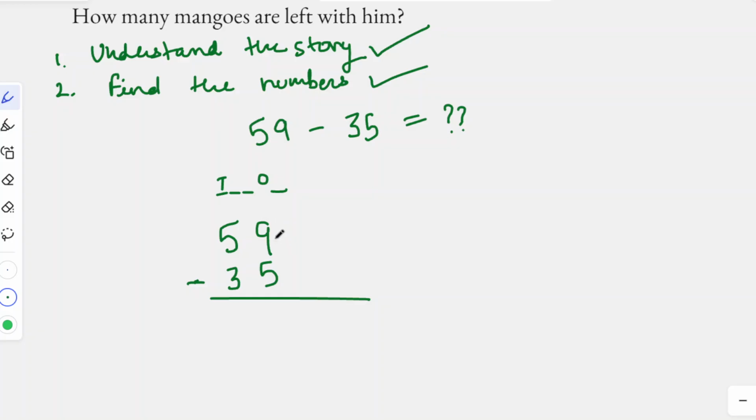Now 9 minus 5, we know, is 4, and 5 minus 3 is 2. So the seller had 24 mangoes left with him. We got our answer, correct? So after selling 35 mangoes, the fruit seller had 24 mangoes left. I hope this is clear.